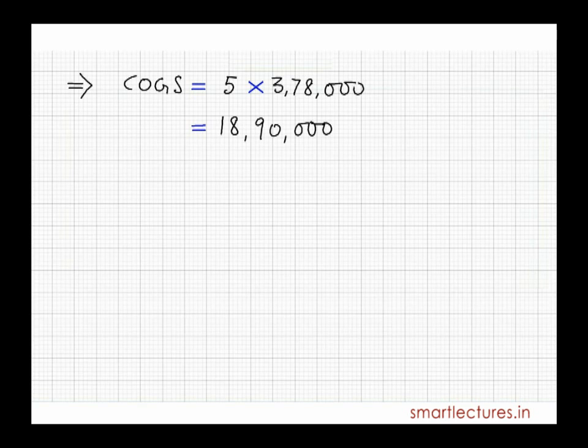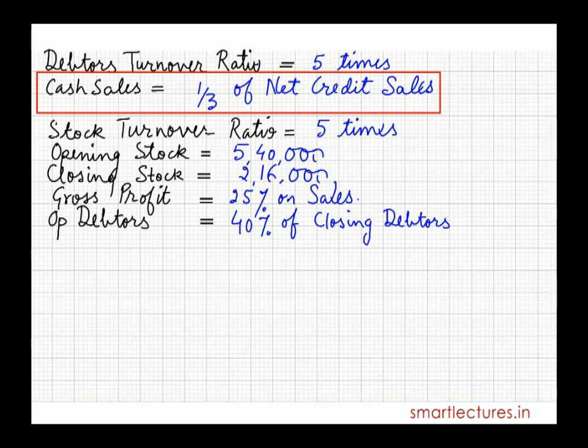Now, one more information is given, that is cash sales is equal to 1/3 of credit sales. It means the sales basically comprises of two things, cash sales and credit sales. And it is said that cash sales is 1/3 of credit sales.